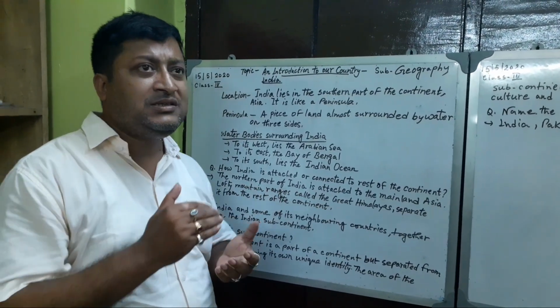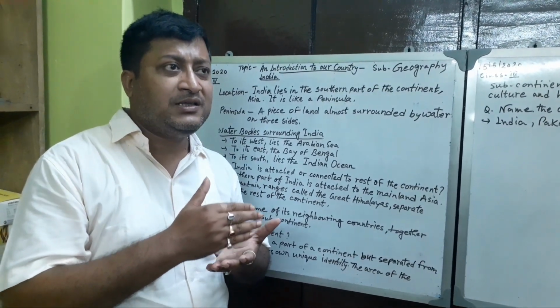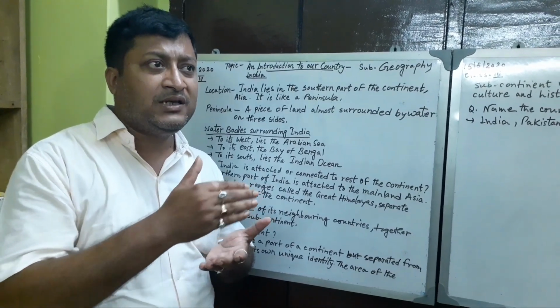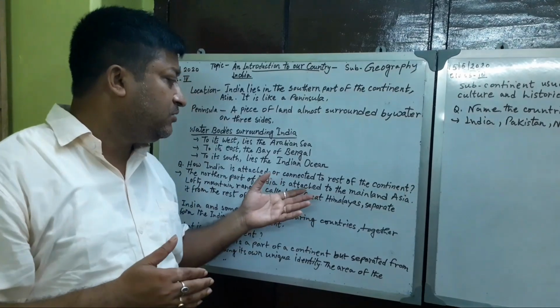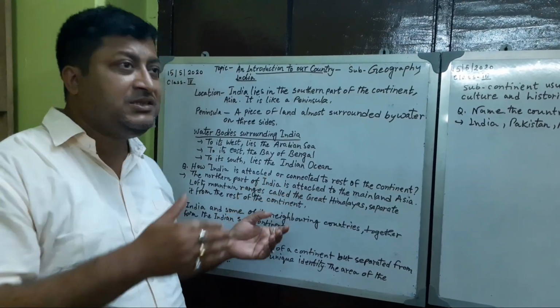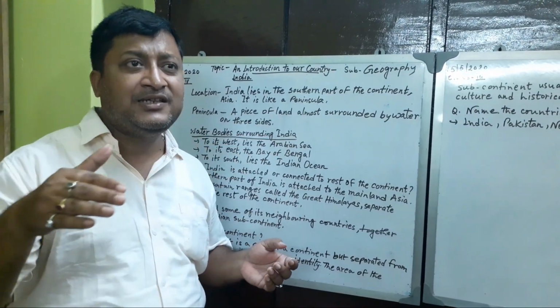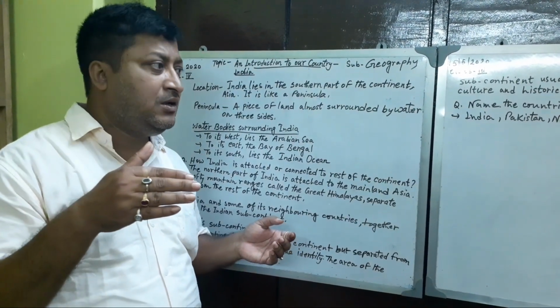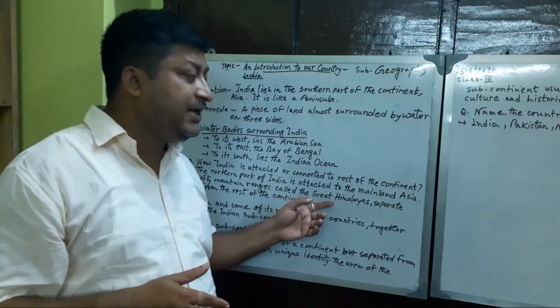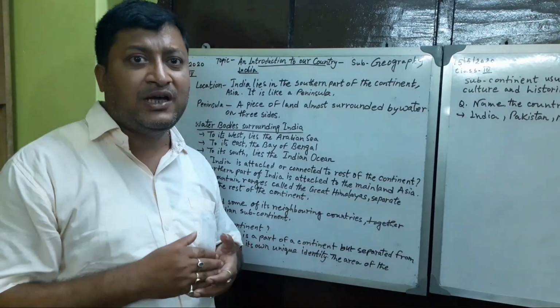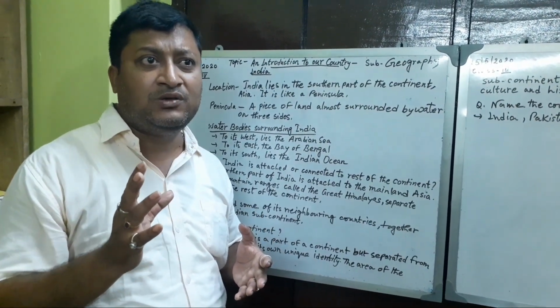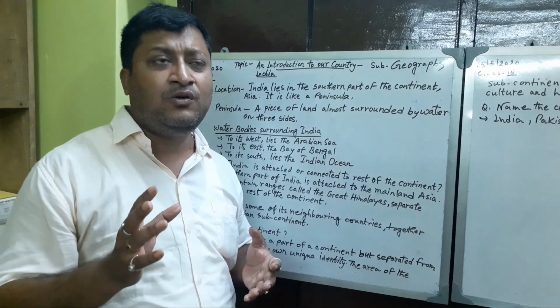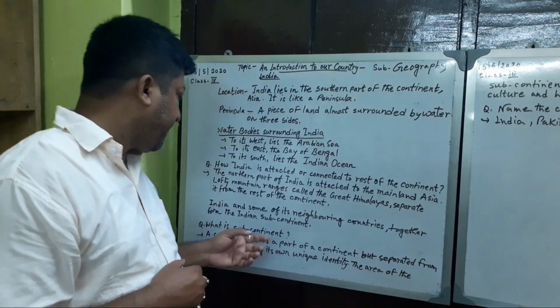Now if I say where India is located, India is located in the southern part, though it is divided by a natural barrier or natural wall called the Great Himalayas. Everyone knows that the Great Himalayas are a range of young fold mountains.